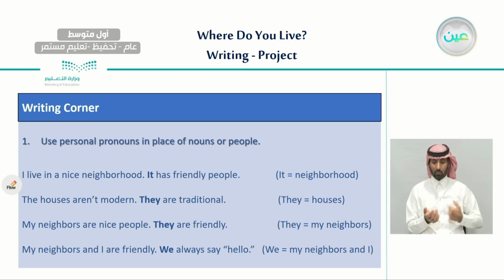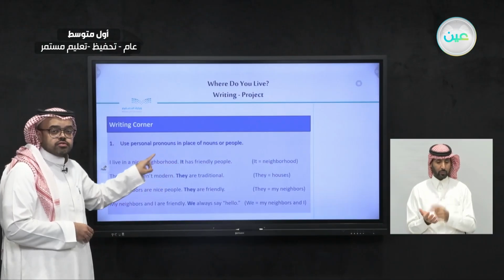In the first sentence, it says, I live in a nice neighborhood. It has friendly people. So here, in the first sentence that ended with this dot, I live in a nice neighborhood. It has, so 'it' here refers to the neighborhood.